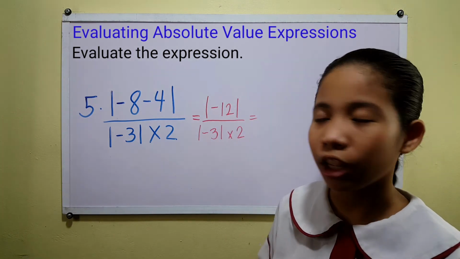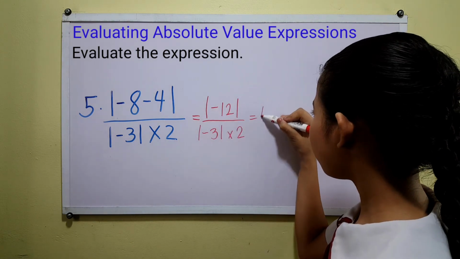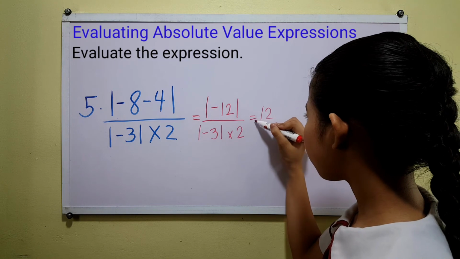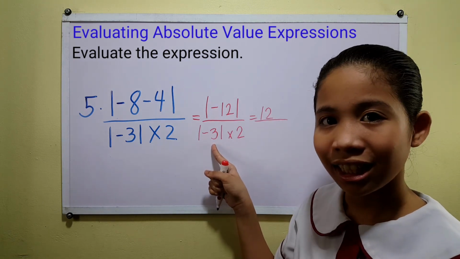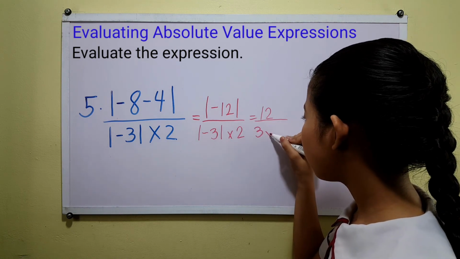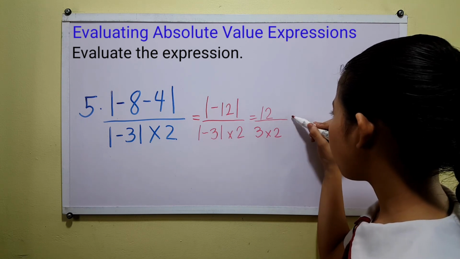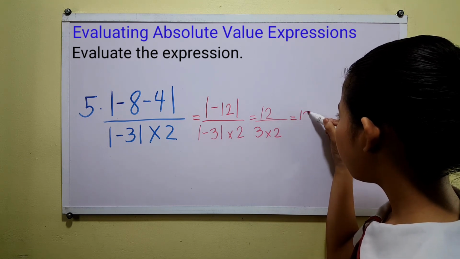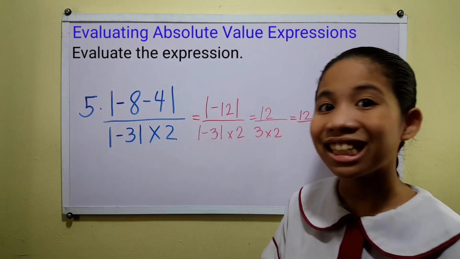The absolute value of negative 12 is equal to 12. And the absolute value of negative 3 is 3. Copy the operation times 2. So we have 12 divided by 3 times 2, which is equal to 6.